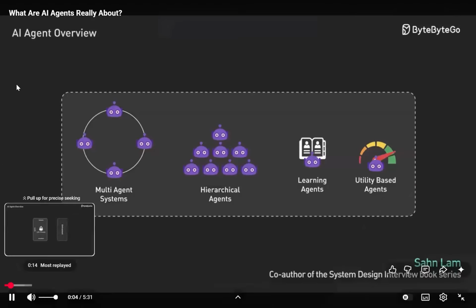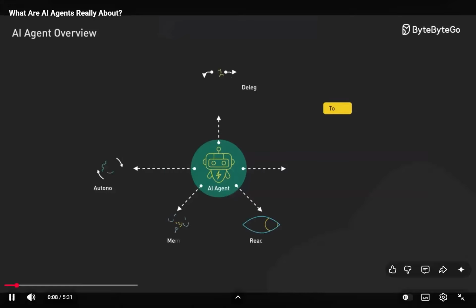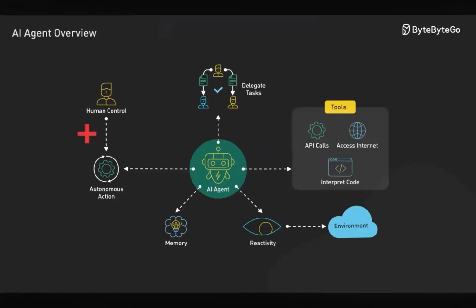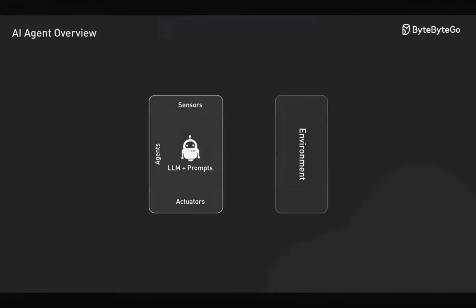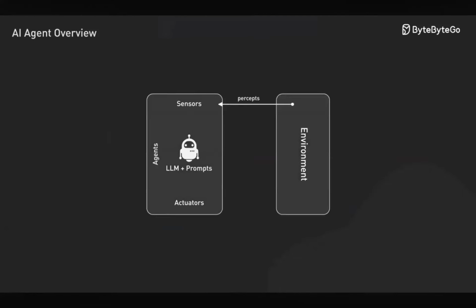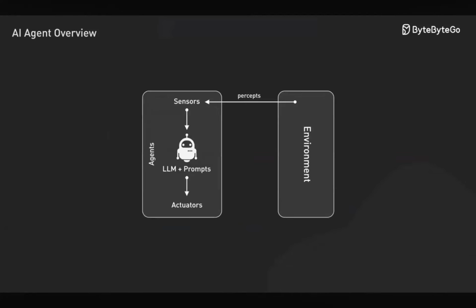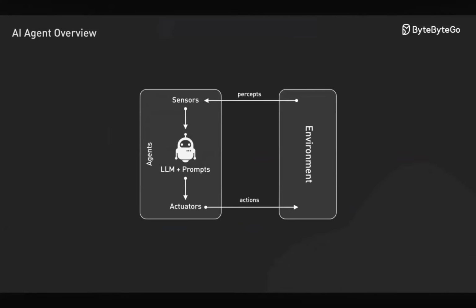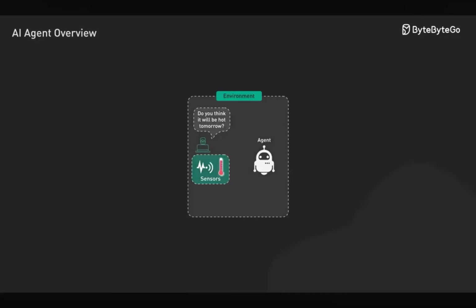Building systems that are reshaping how we think about software. We'll break down what they are, how they work under the hood, and how we can leverage them in our own projects. So what exactly is an AI agent? It's a helpful software assistant that can monitor what's happening around it, make smart decisions, and take actions to accomplish goals we set for it. But what makes them fundamentally different from traditional software?